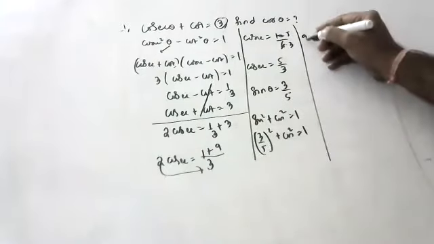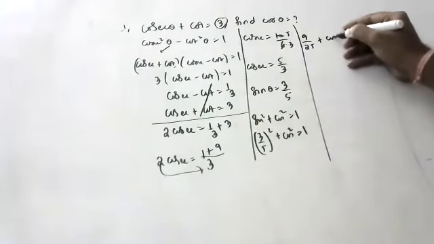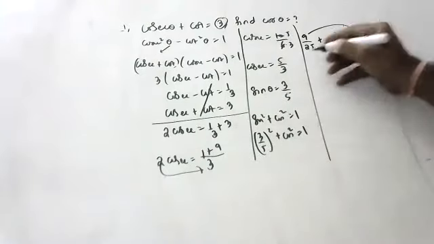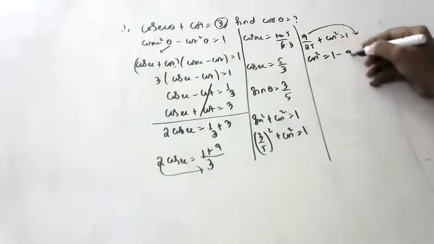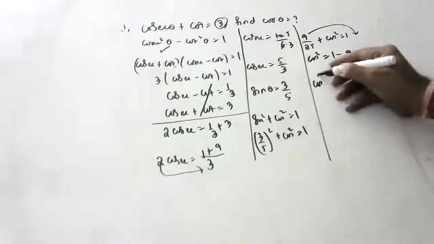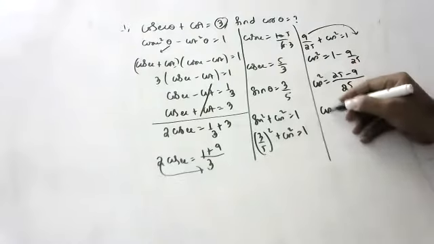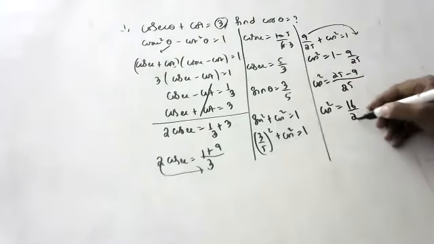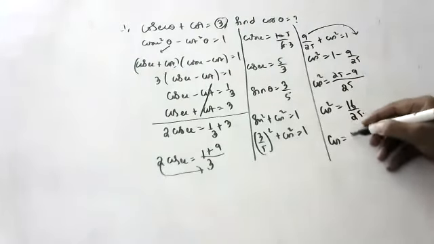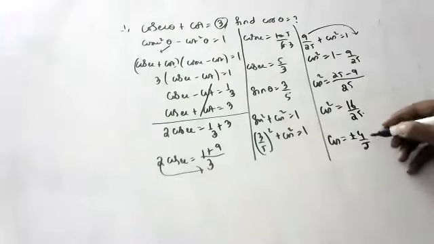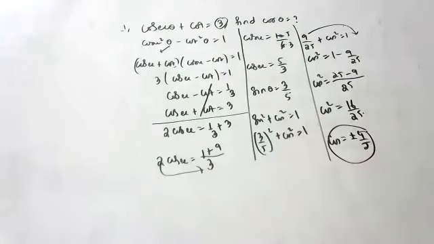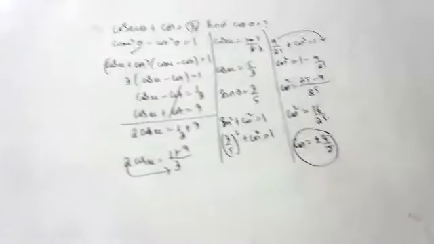So 9 by 25 plus cos square is equal to 1. Cos square is equal to 1 minus 9 by 25, which is 25 minus 9 by 25. Cos square is equal to 16 by 25. Cos is equal to plus or minus 4 by 5. This is the answer. Like this you have to approach your answers, children.